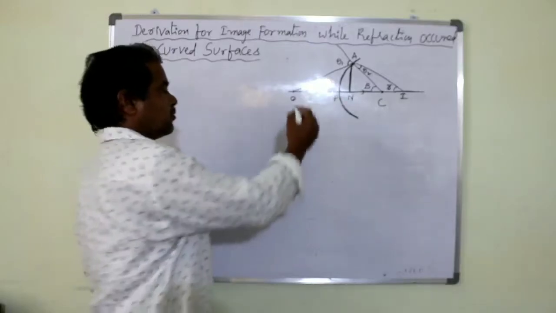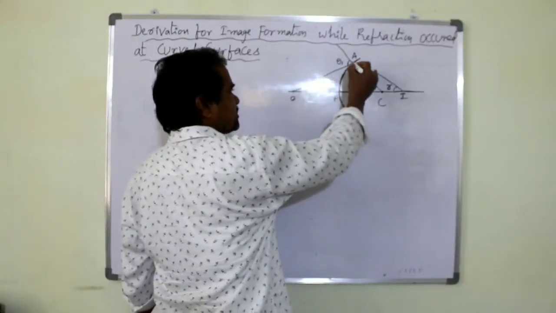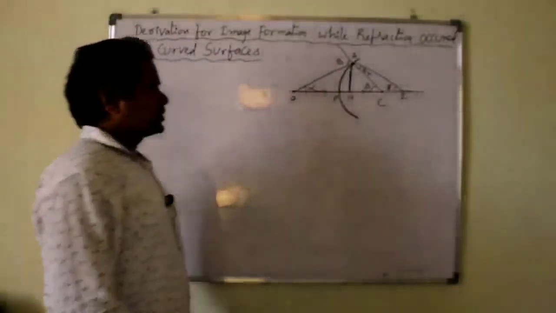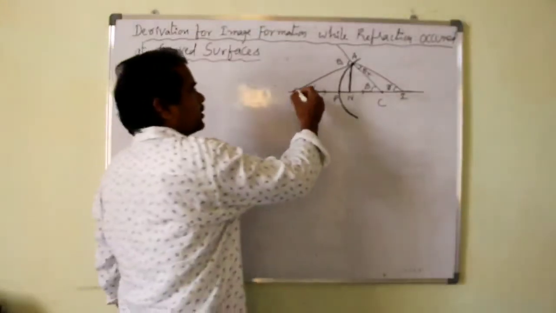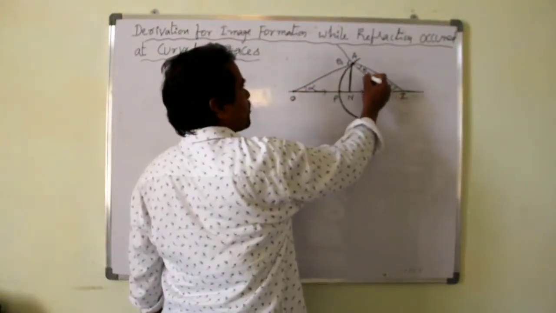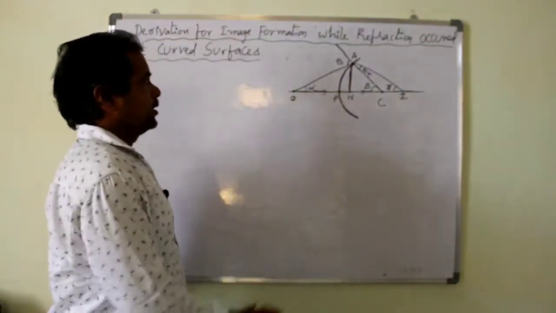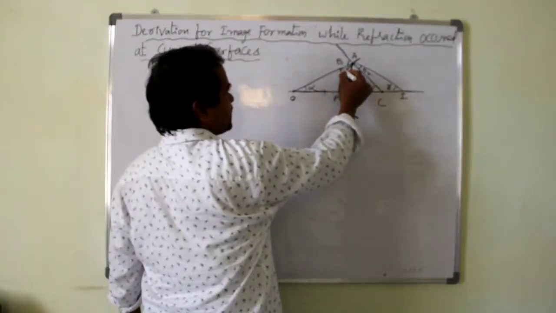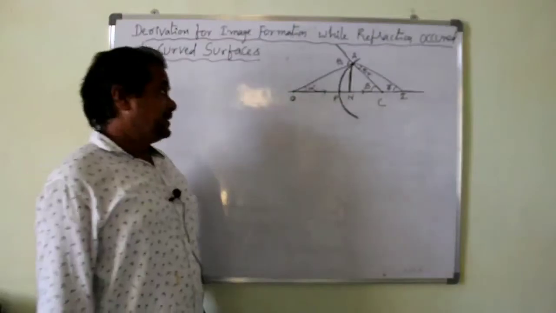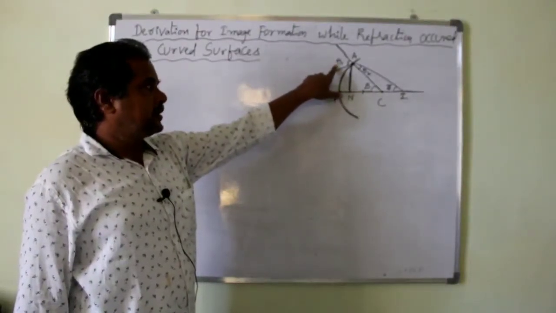And also one more light ray moves in this direction and is incident at point A on the curved surface. Immediately you draw one normal from this point of contact. Here one angle is formed between the incident ray and the normal. That angle is called the angle of incidence, which is denoted by the letter theta 1.